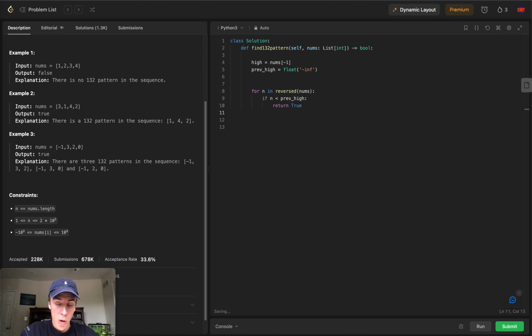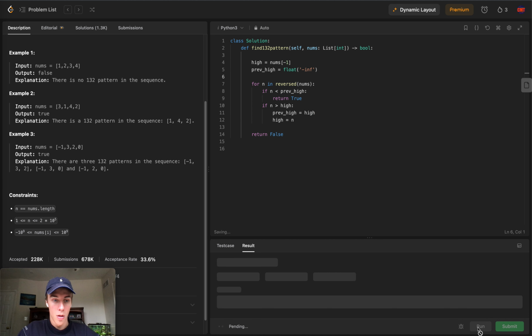And if we find a new high, so if n is larger than high, then I want to say prev high is equal to n, and high is equal to n. And that's it. Return false if we don't ever find this condition. Cool. Let's see if that works.